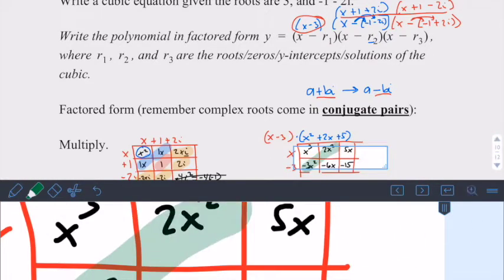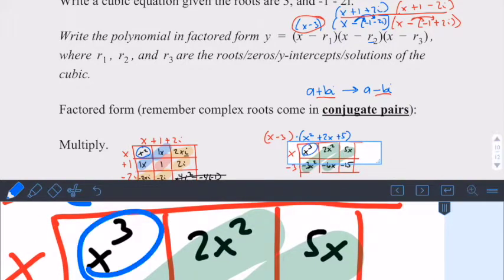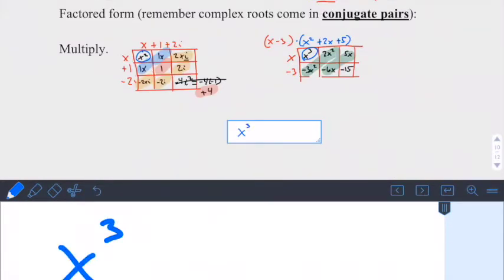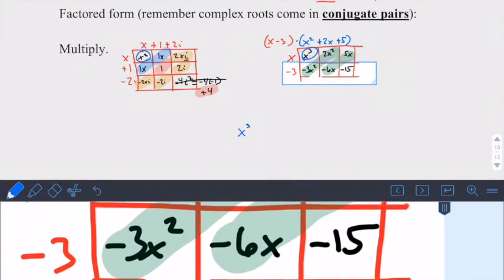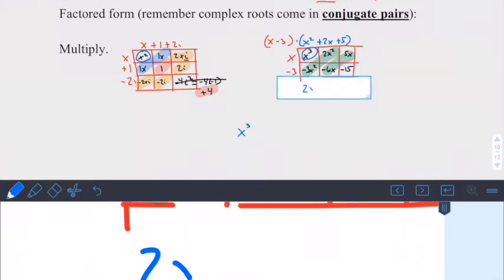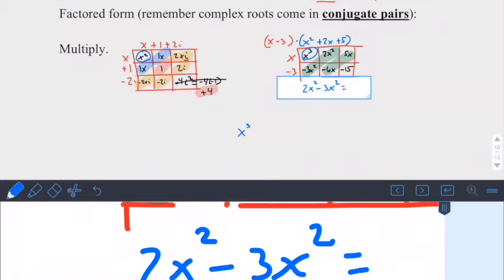Well, here are like terms, and here are like terms. So I have x cubed, 2x squared minus 3x squared. Combine like terms, negative 1x squared.